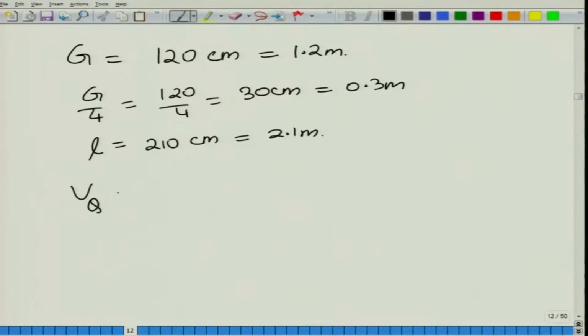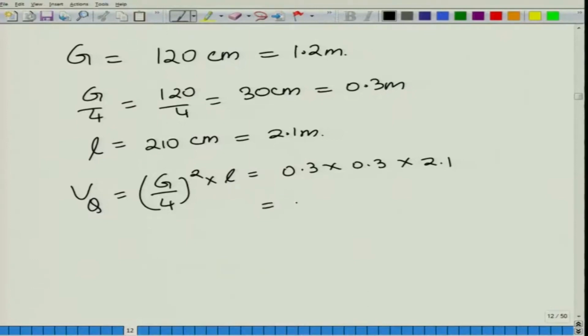The volume by the quarter girth formula is given by (G by 4) square into L. So, it is 0.3 into 0.3 into 2.1, which gives 0.189 cubic meter.